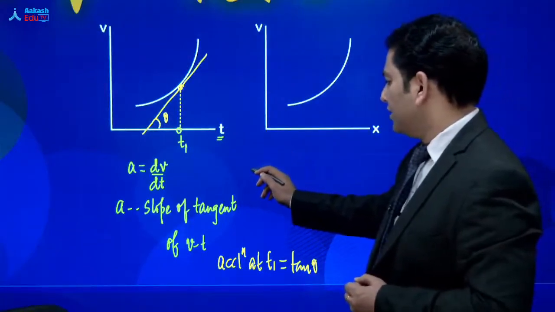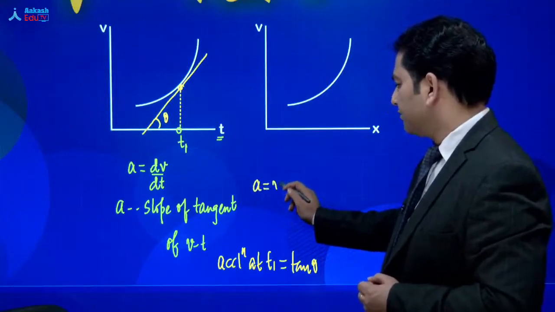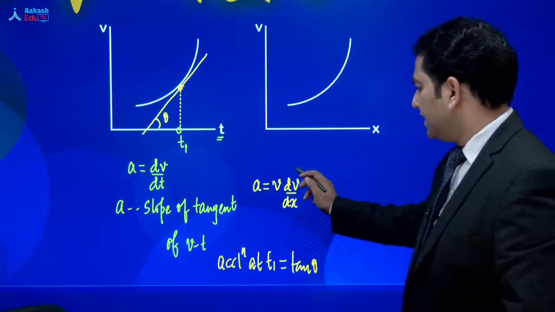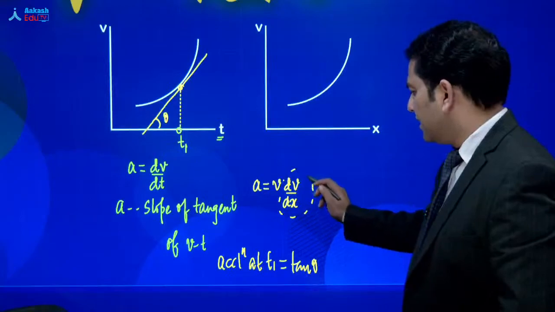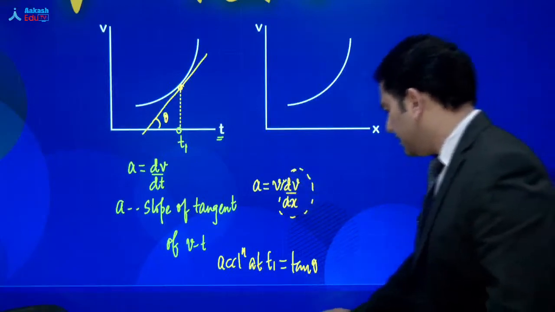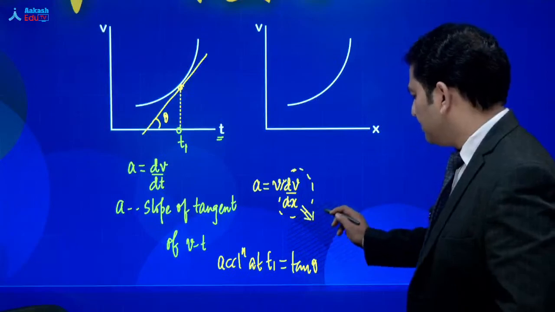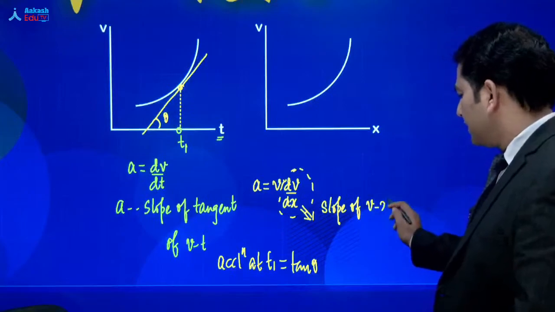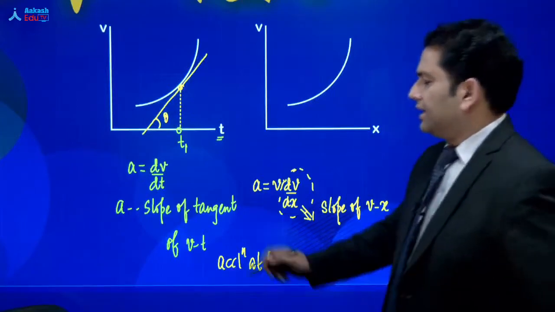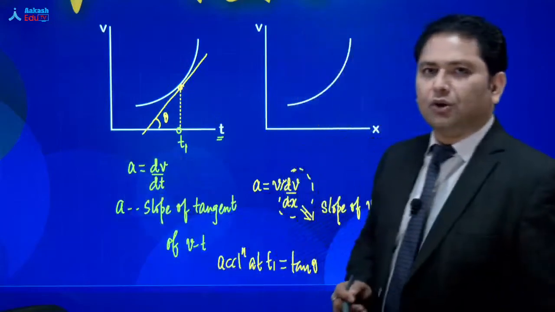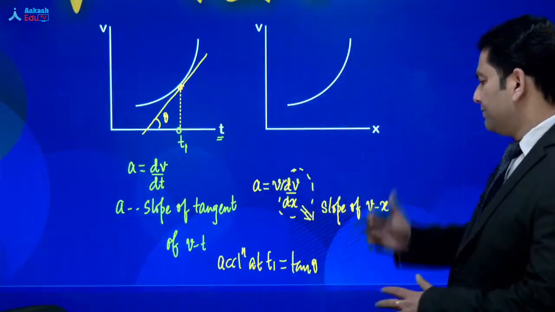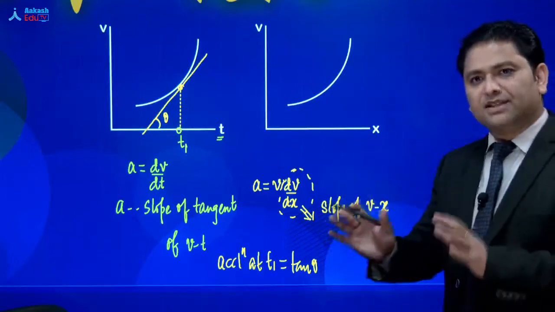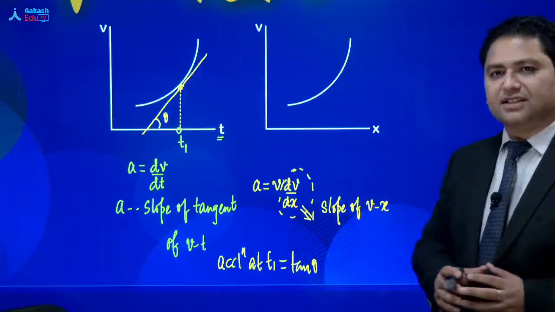We're going to first of all write the definition, that is v dv by dx. अब जरा ध्यान से देखिए, v dv by dx में ये जो term है dv by dx, this dv by dx is the slope of कौन सा ग्राफ? Vx graph. जैसे कि dv by dt, that was the slope of Vt graph. dv by dx, that will be more precisely slope of tangent hai. So please understand, slope of Vx graph.